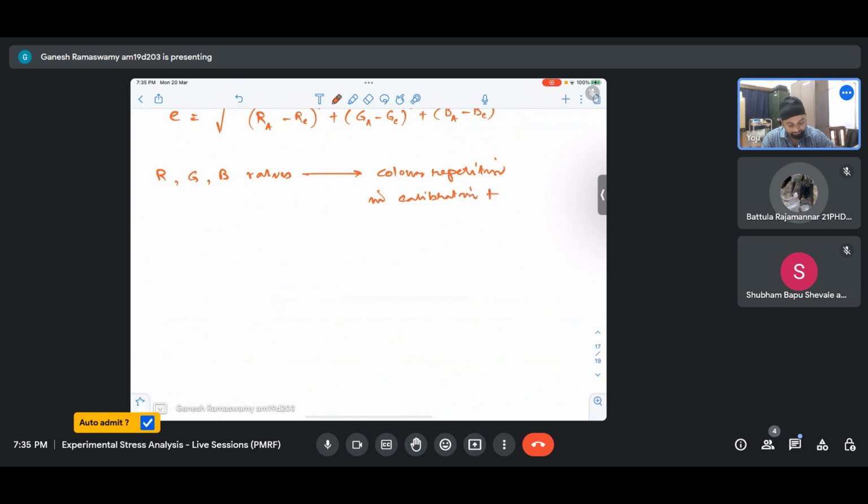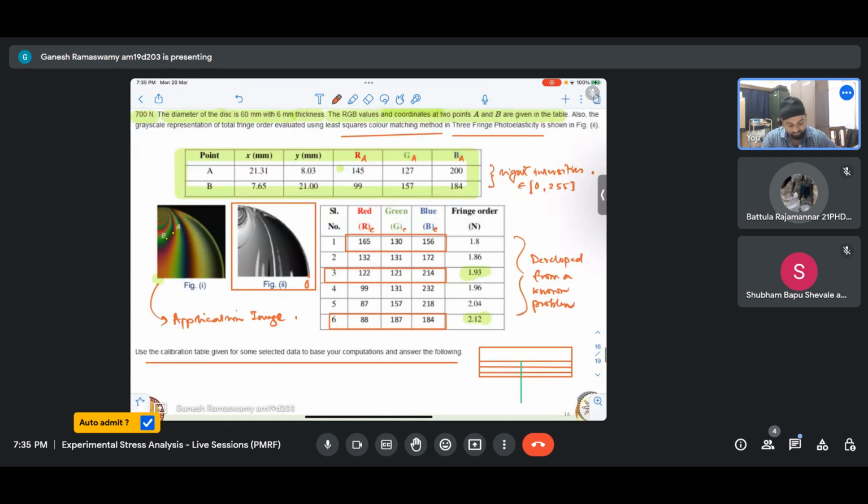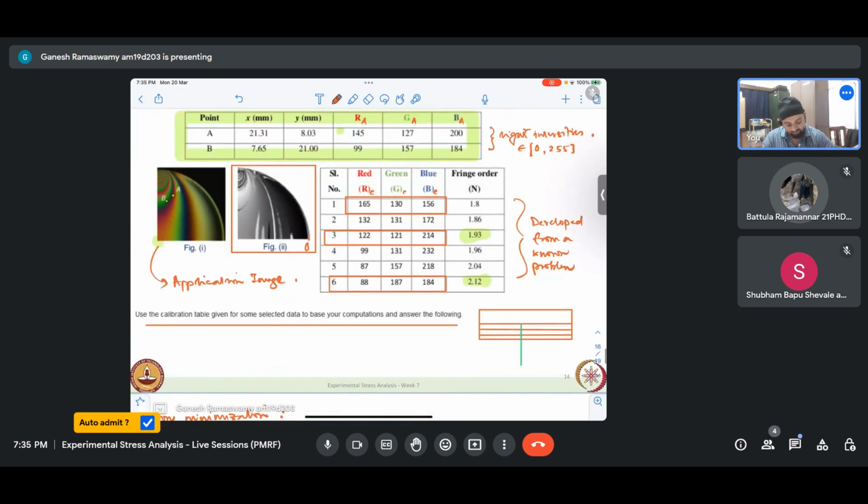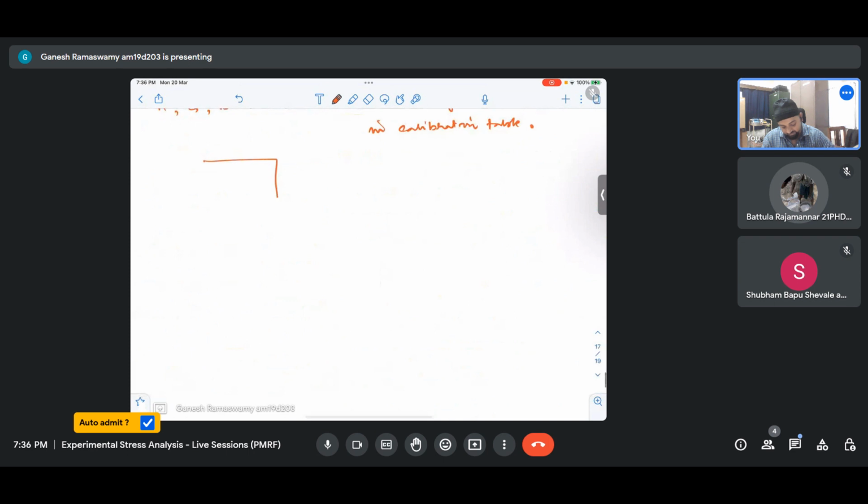So if we were to consider that our calibration table is like that, let us say these represent the point where colors are repeated. So if our scanning scheme initially started here, the fringe order it will report will be some n1.